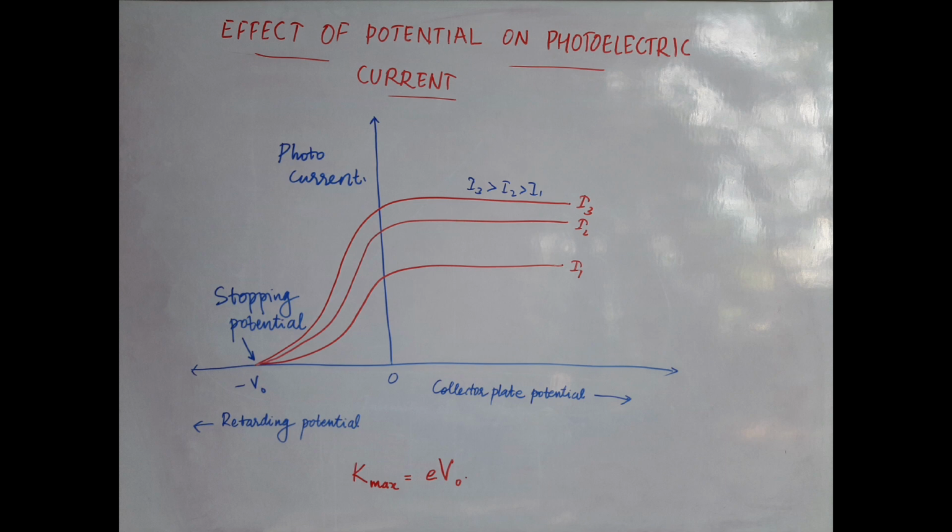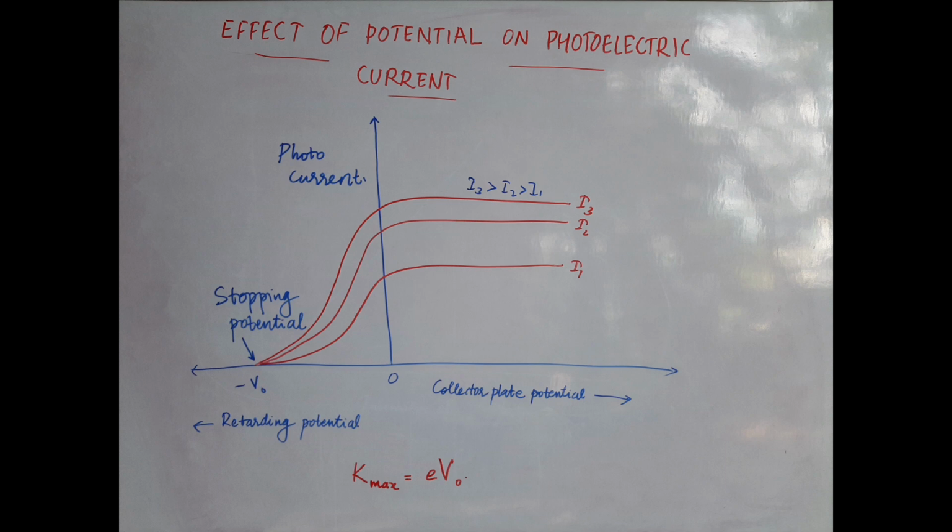Next, we apply a negative retarding potential with respect to C on the plate A, and allow it to increase negatively. When we reverse the voltage, the number of photoelectrons reaching the other plate, metal plate A, decreases.